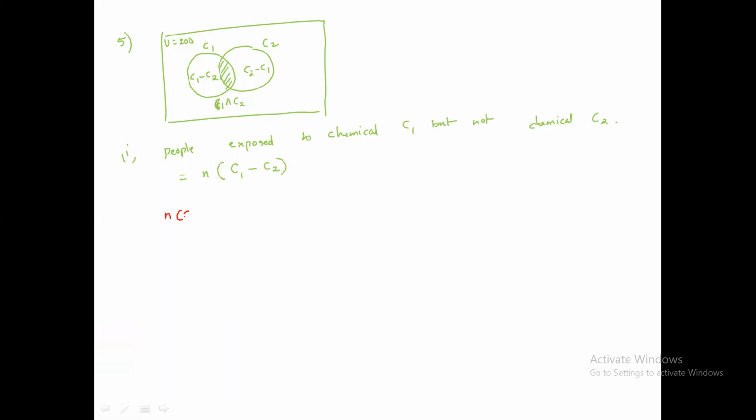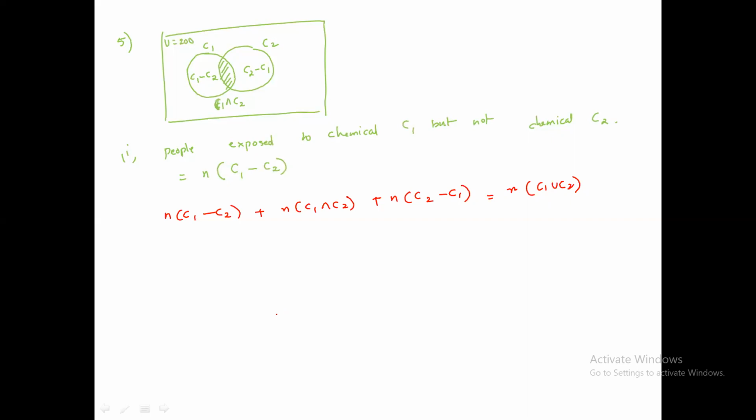If you take n of C1 minus C2, n of C1 intersection C2, and n of C2 minus C1, you will get n of total. Isn't it? You will get n of C1 union C2.